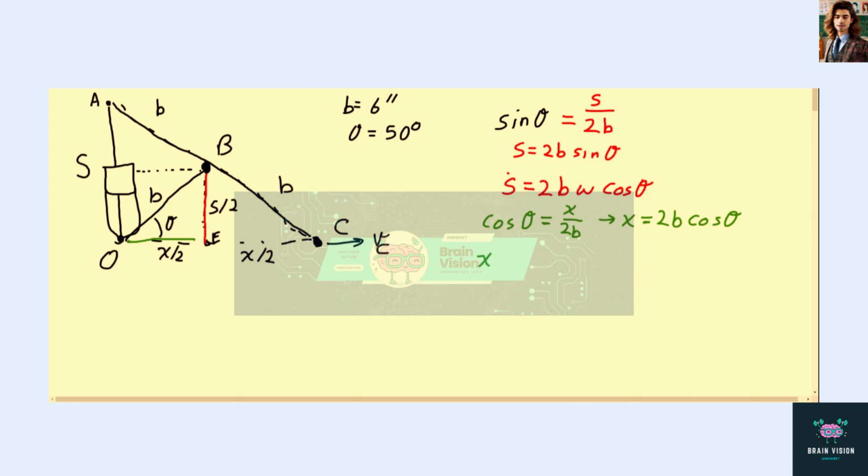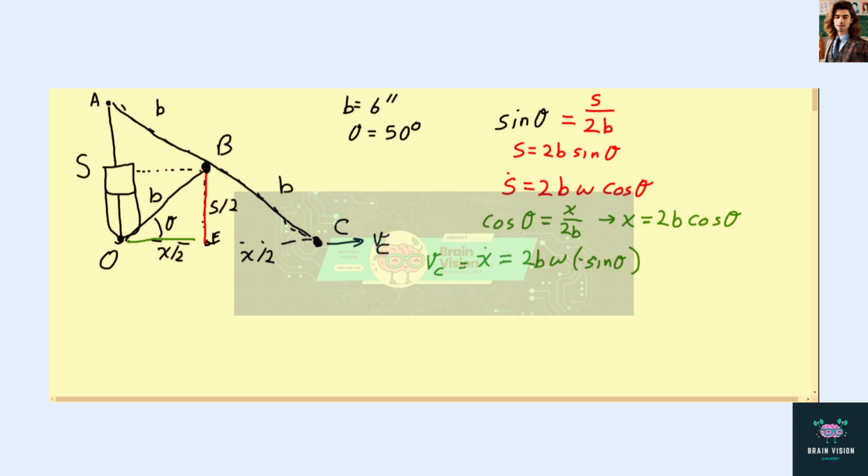We have x dot, which will be our velocity in the c direction, equals 2b times omega again. But this time it'll be times the negative sine of theta if we take that time derivative of the cosine of theta.